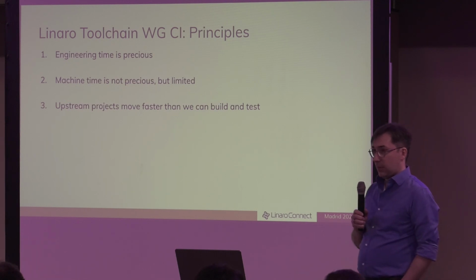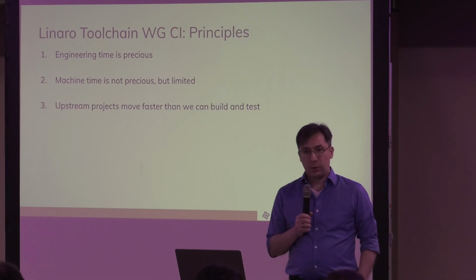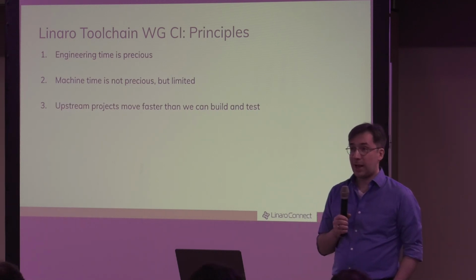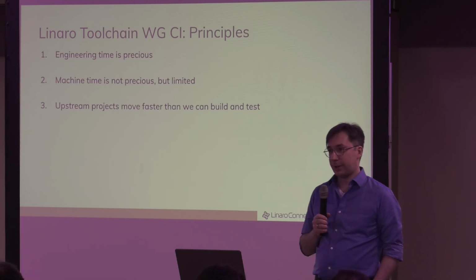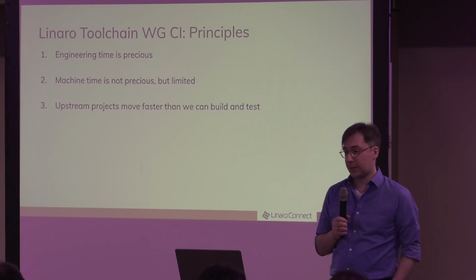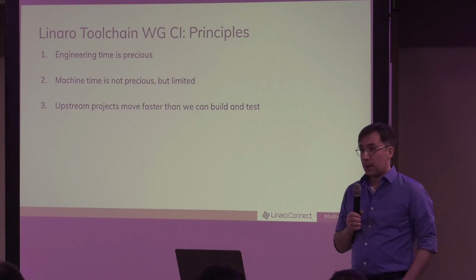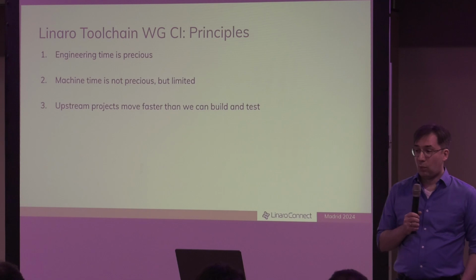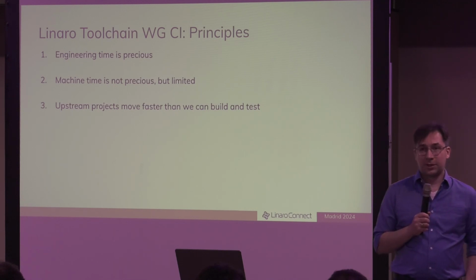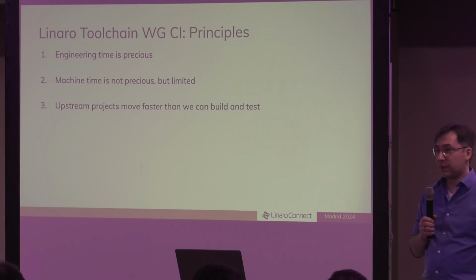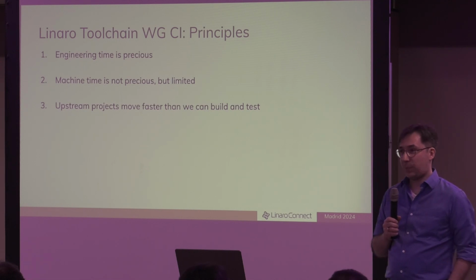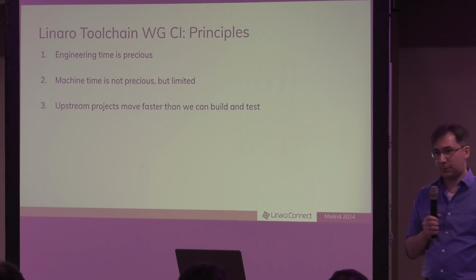Machine time is not precious, but it is limited. We don't have the resources of all the CPU power in the world, yet we want to track a quite big number of configurations. So we need to figure out how to do that. And finally, one of the fundamental constraints for the CI we are building is that we want to track upstream projects, and we do not control the speed at which those projects move.